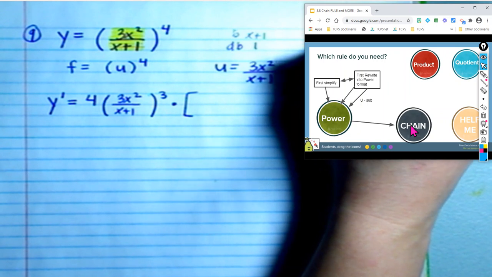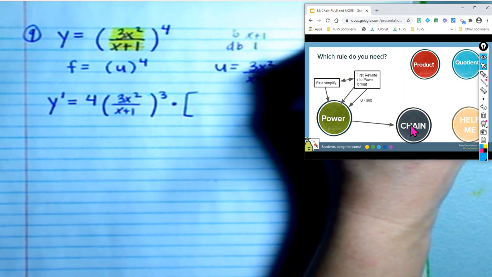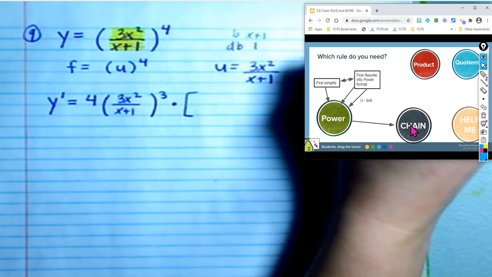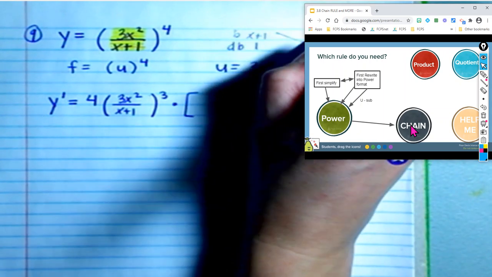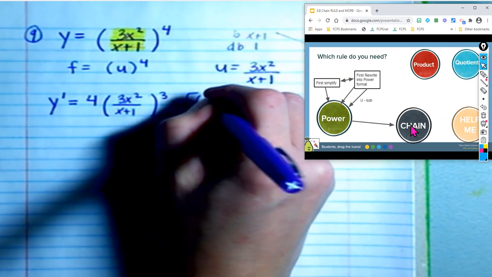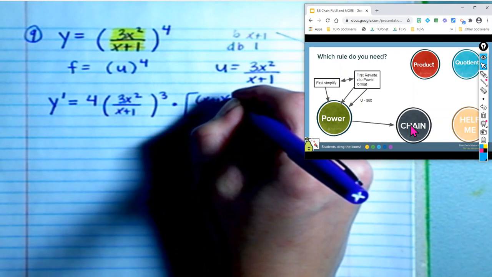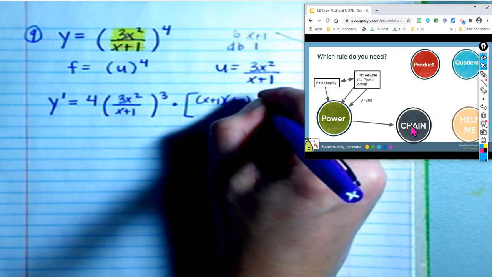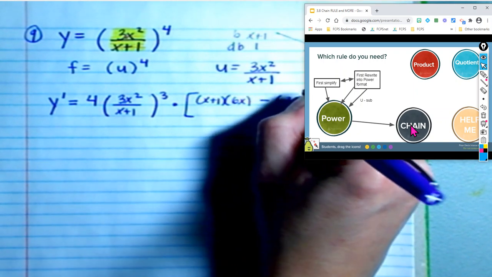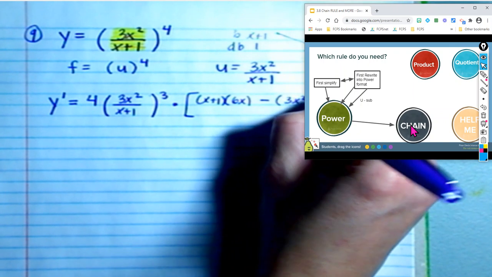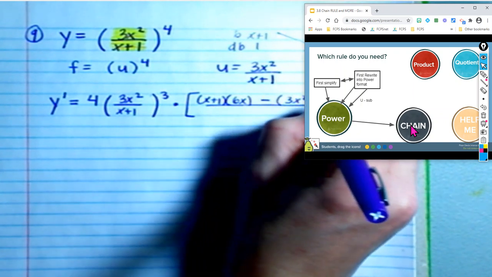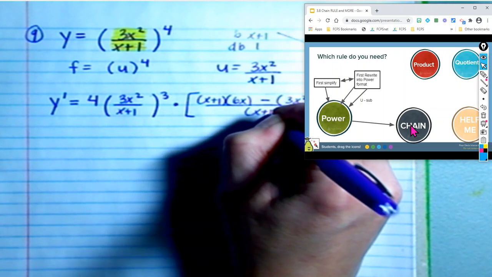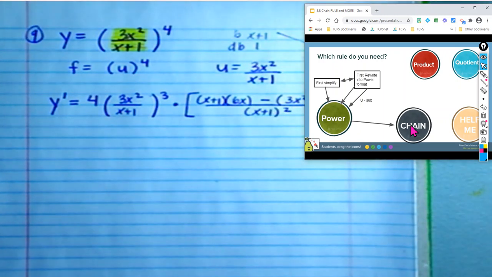Top, derivative of the top. Okay, bottom, derivative of the top minus the top, derivative of the bottom, all over the bottom, squared. Okay.